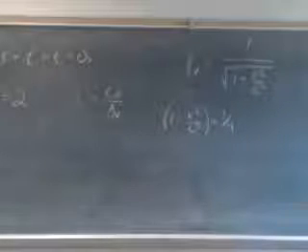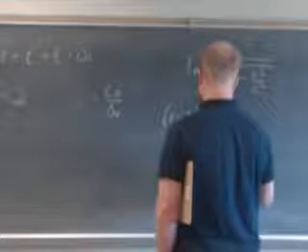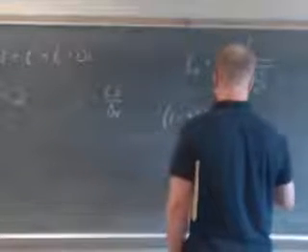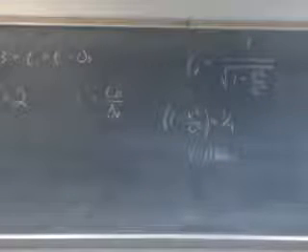Everybody follow that algebra? Yes. Okay. And then we do some more algebra, and we magically say that V is going to be equal to 0.866 c. So 86% the speed of light.